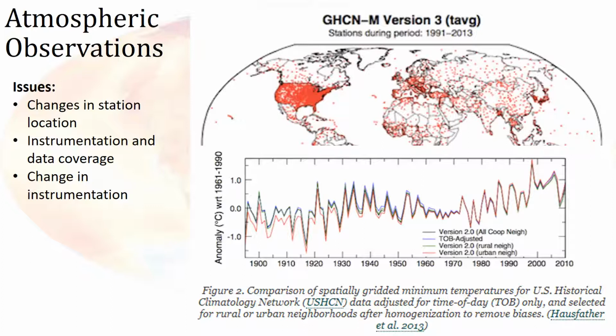So you think about the 40 stations that we have here in Ashland. I think we moved our weather station in Ashland from downtown to the sewage treatment plant sometime in the 80s or 90s. That was the official Ashland weather site.